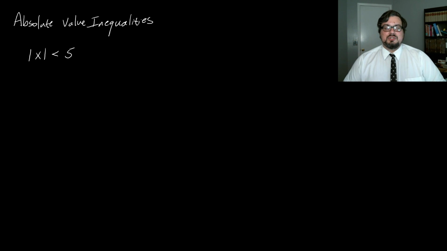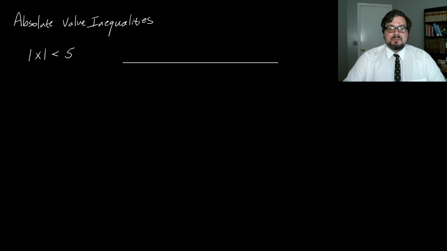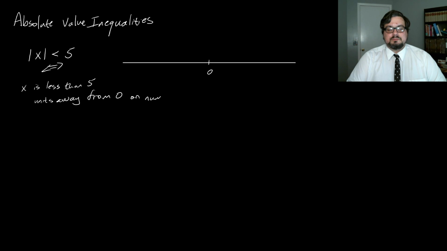Now, a solution to this inequality will be a number x where the absolute value of x is less than 5. Remember that the absolute value of a number is the distance between that number and 0 on the number line, which means that saying the absolute value of x is less than 5 is the same thing as saying that x is less than 5 units away from 0 on the number line.